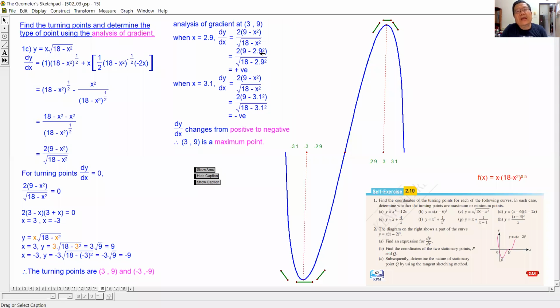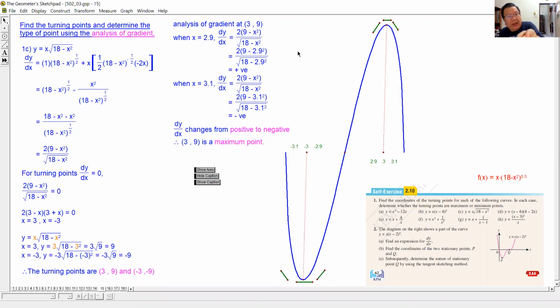Now 2.9 is less than 3. If it is 3, then 9 minus 9 will be 0. But this is less than 3, so its square is less than 9. 9 minus a number less than 9: is it positive or negative? Positive. So you don't have to actually calculate the actual value.